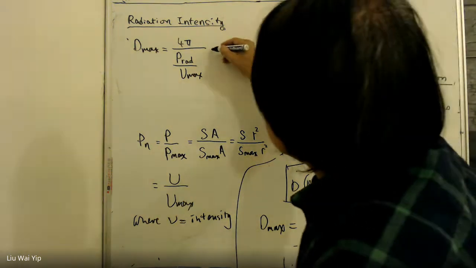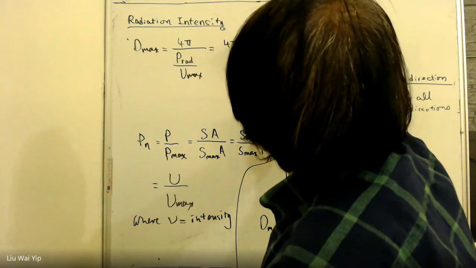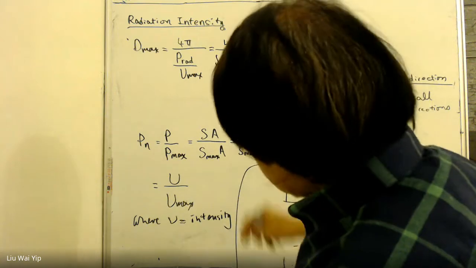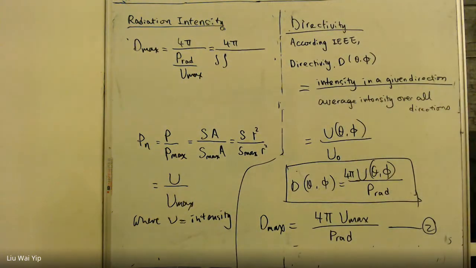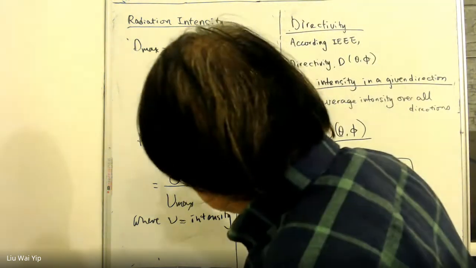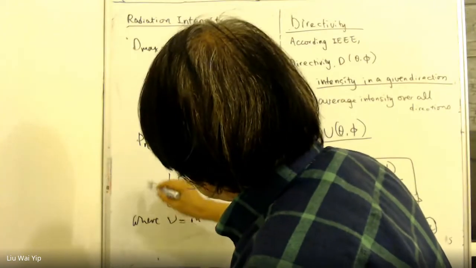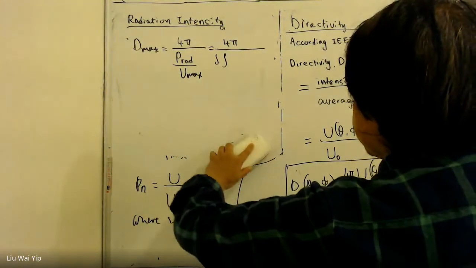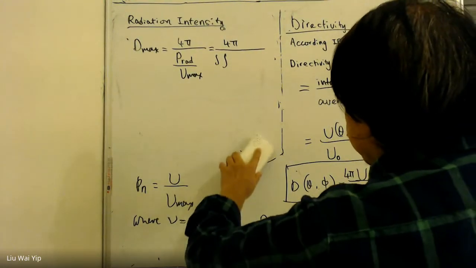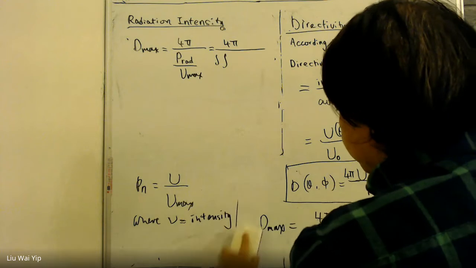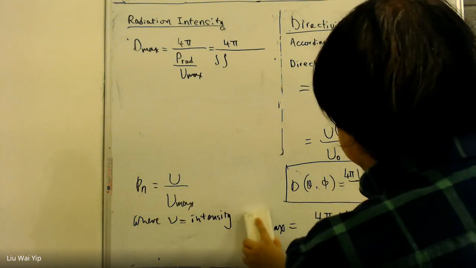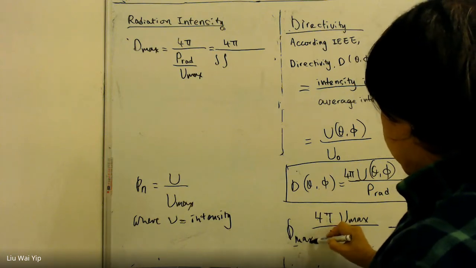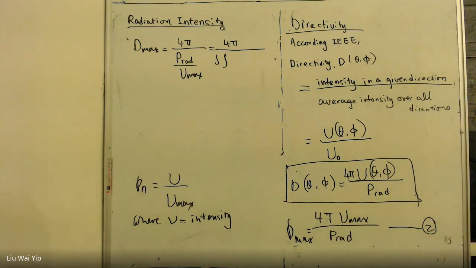We don't have enough space here, so the best thing is to write the formula down here and continue. D max, we remember this.